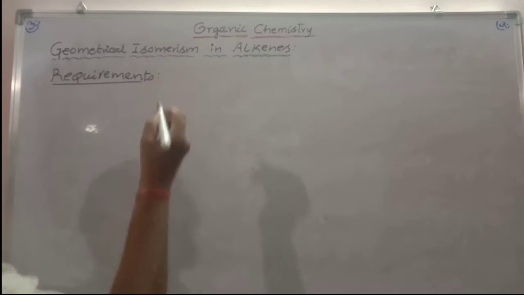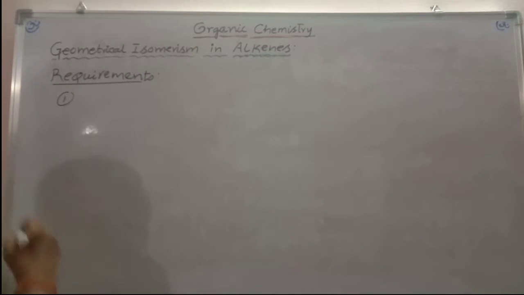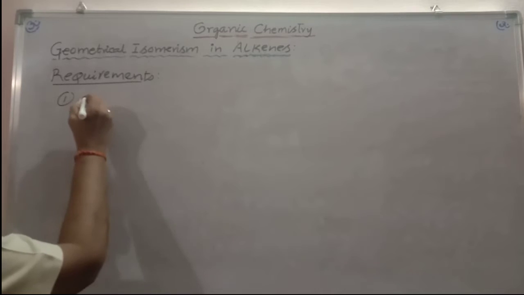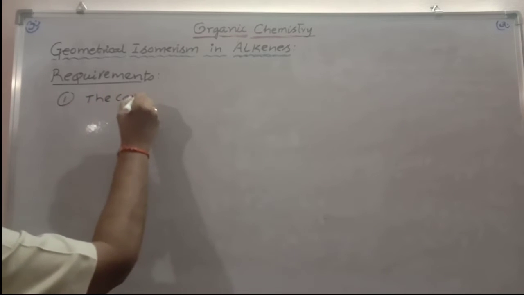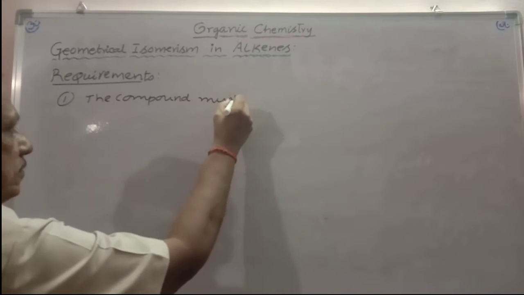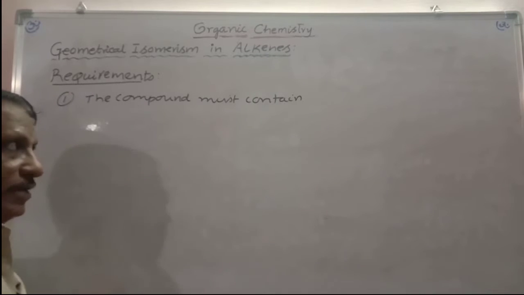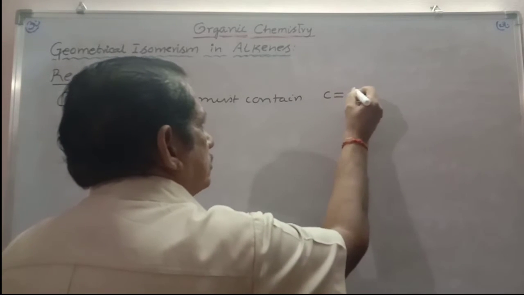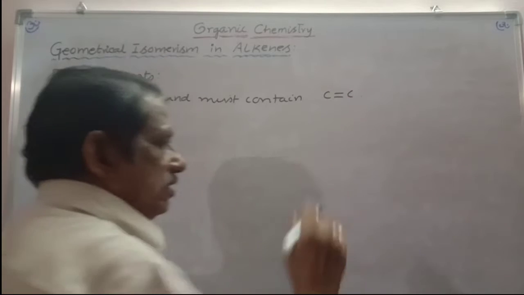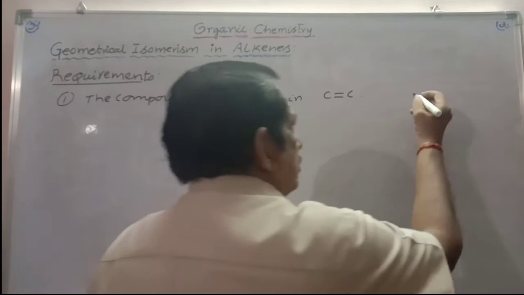First condition: the organic compound must contain C double bond C. C double bond C is nothing but alkene.